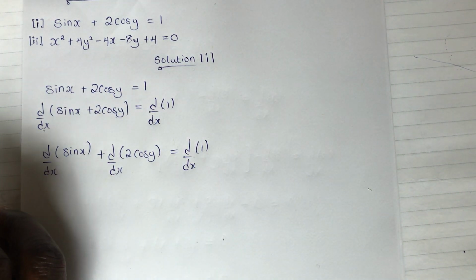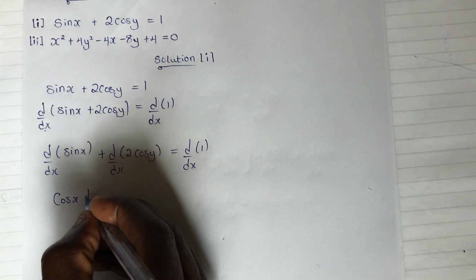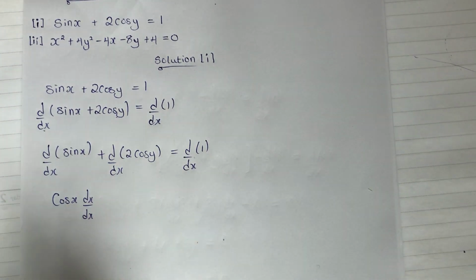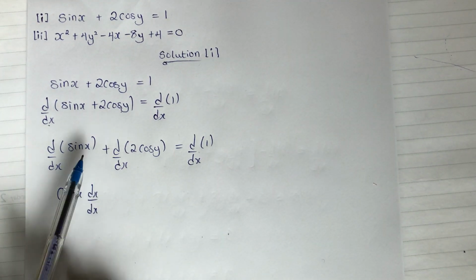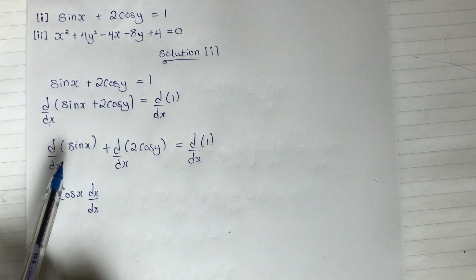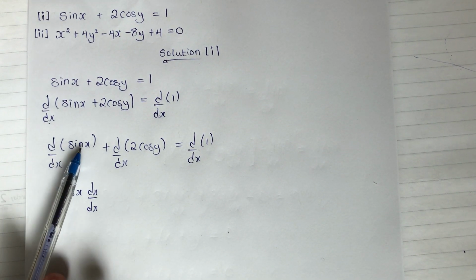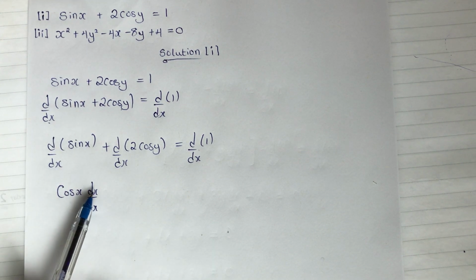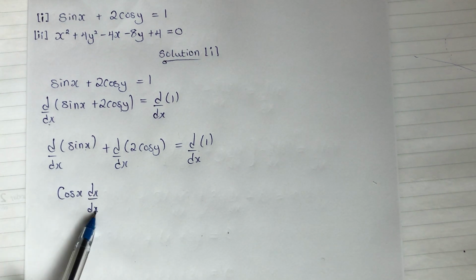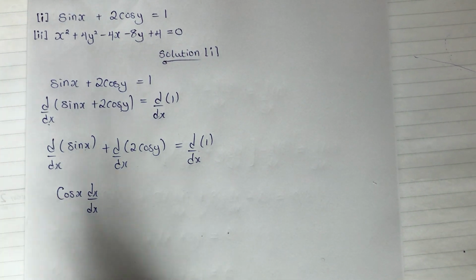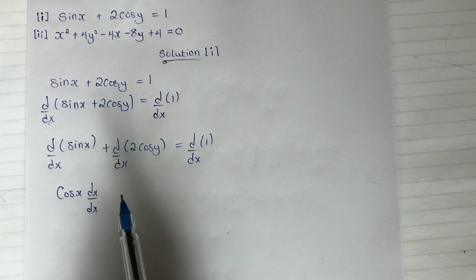Let me write it down, then I will explain. The differential of this gives me cos x dx/dx. You must remember that the only difference in implicit functions is that when you differentiate the function with respect to x, you indicate it. So you differentiated sin x with respect to x, and you show that by writing dx/dx. dx/dx is actually 1, and you can cancel it out, but I want you to understand the concept. That's why I repeated it.